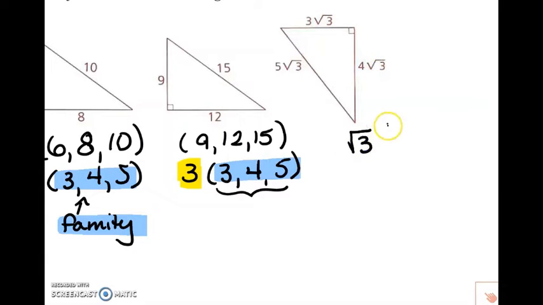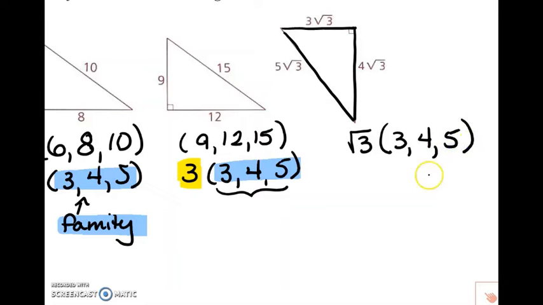So if I factor out that square root of 3, I can see that this side would have a length of 3, this leg would have a length of 4, and the hypotenuse would then have a length of 5. So the scalar is not an integer, but this is a Pythagorean triple, and a 3, 4, 5 is the family.